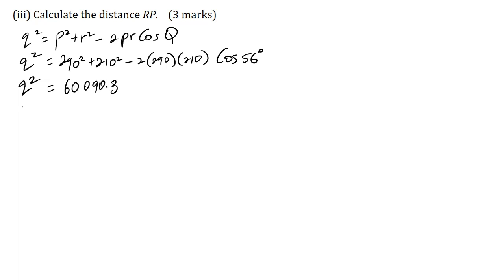Now we need to find for Q, so we have to take the square root on both sides of the equation. So Q is equal to the square root of 60,090.3. Q here is equal to 245.13 kilometers.